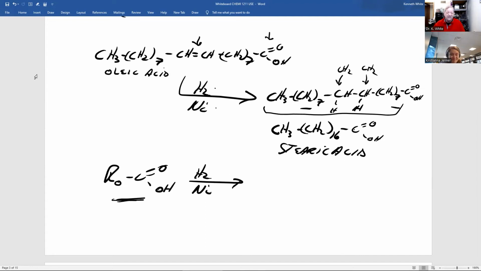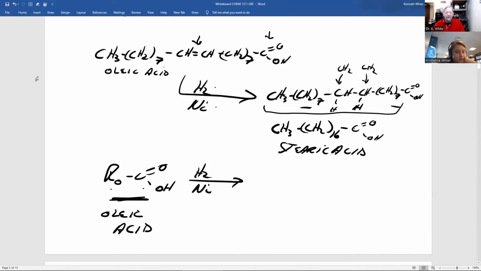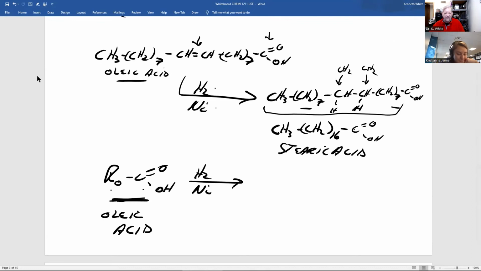All right, let's do this. What is this molecule? Well, a carbon chain and a carbonyl, that's oleic acid. And we saw right up here, oleic acid, hydrogen and catalyst, you get rid of the double bond, and what do you get?